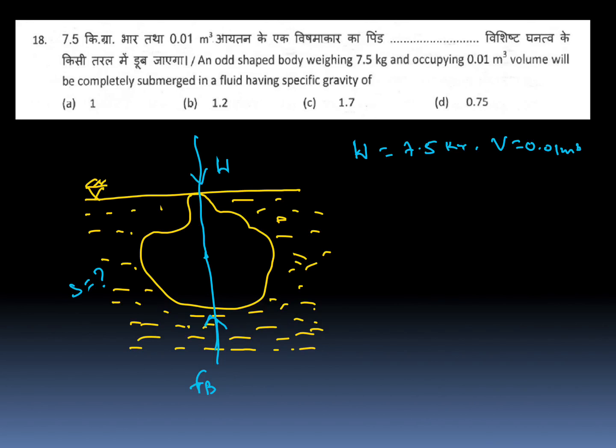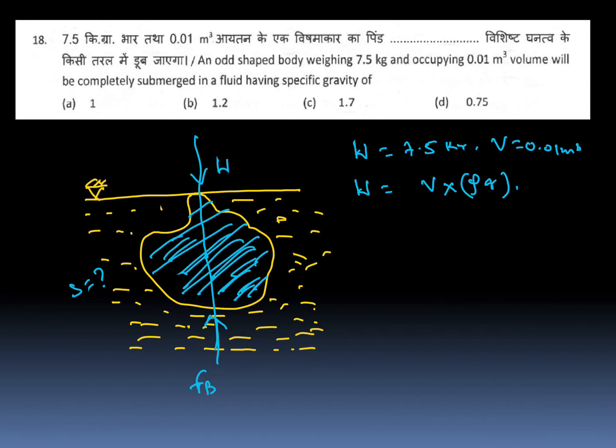So W, the weight of this body, equals its volume into its specific weight, rho g. Volume is given, so you can calculate rho into g. You have to calculate only specific gravity, so you keep only the rho term.